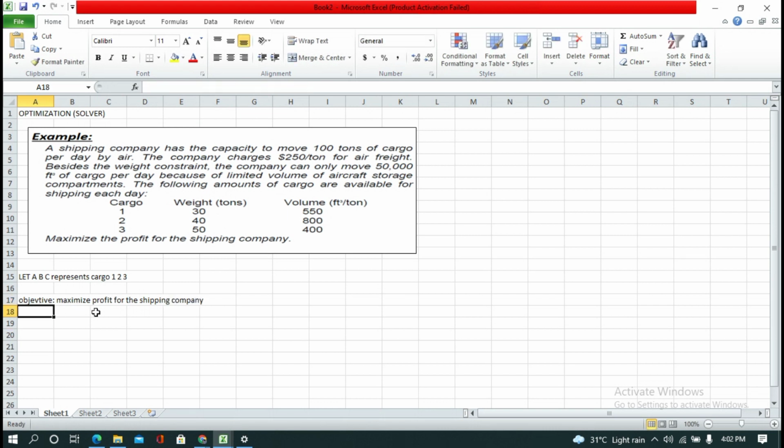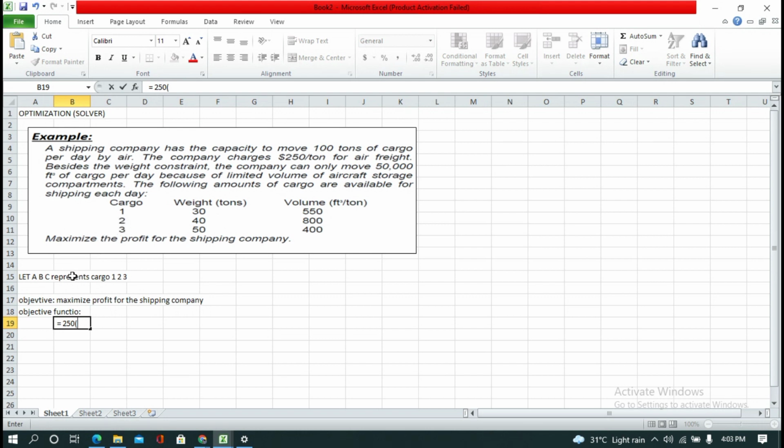And then our objective function is based on the problem. The company charges $250 per ton. So our objective function is also $250 times per cargo.